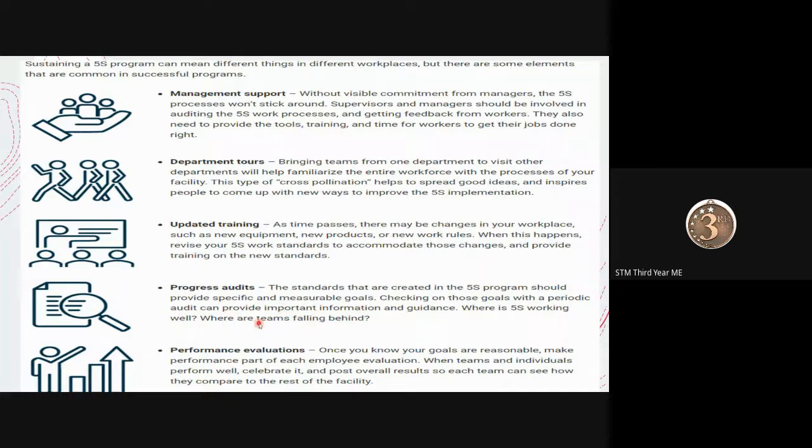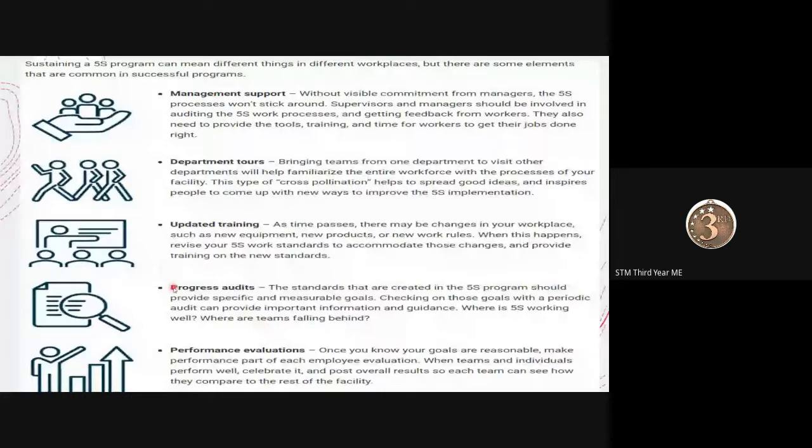In the lean manufacturing technique, we have to reduce the time waste that is encountered. By providing audits, looking at the performance and evaluating the work being done, we can find out the extra time, or anything else that we have to reduce. That is only done by progress audits.